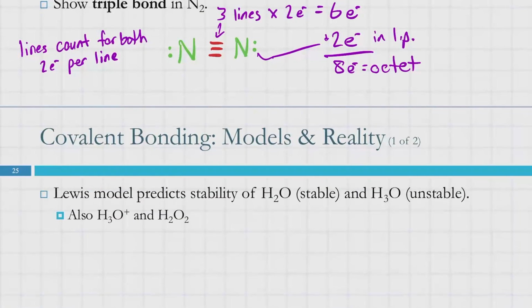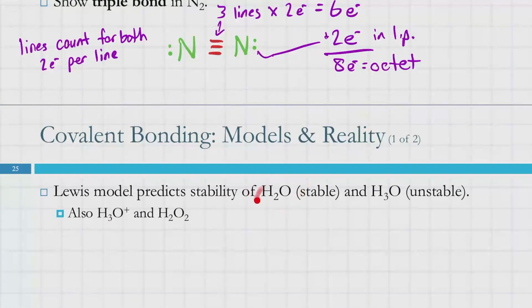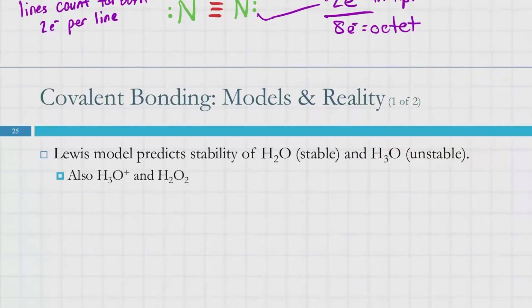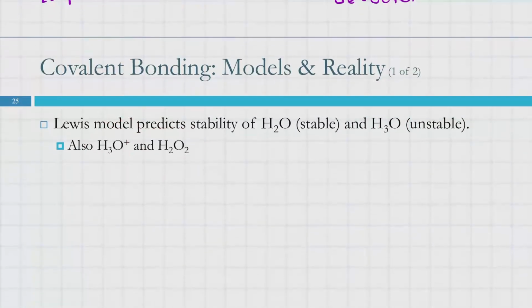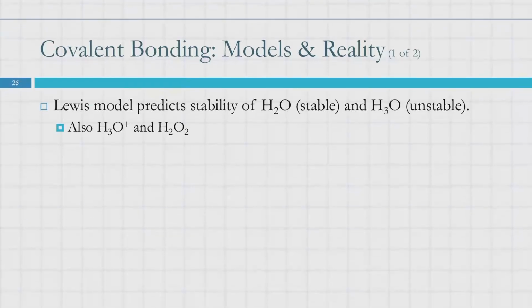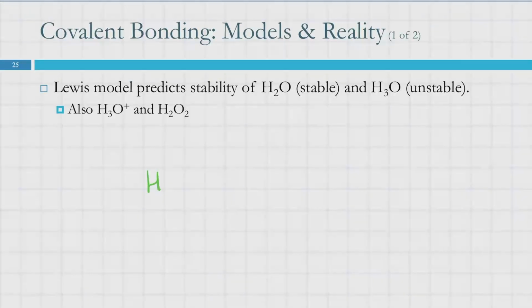The Lewis model also predicts stability for H2O, H3O plus, and H2O2. We already looked at H2O. Our hydrogens have 1 bond. 1 bond is 2 electrons.